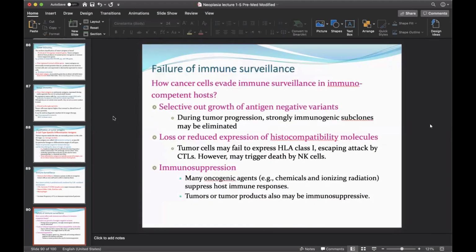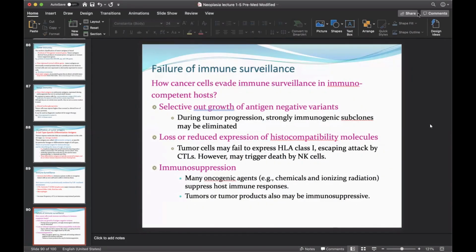Okay, so how does the cancer cell evade the immune surveillance? Remember, at first we talked about tumor heterogeneity.